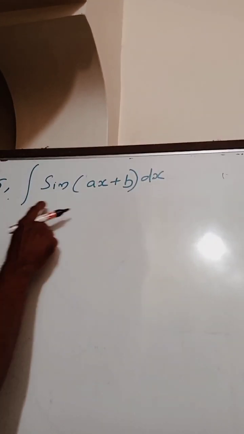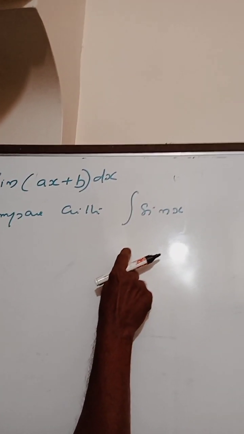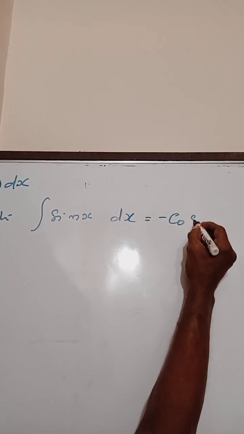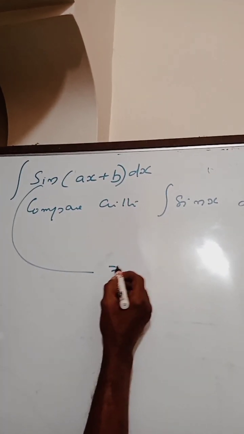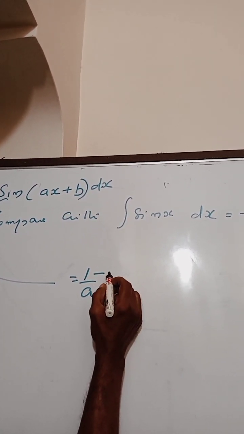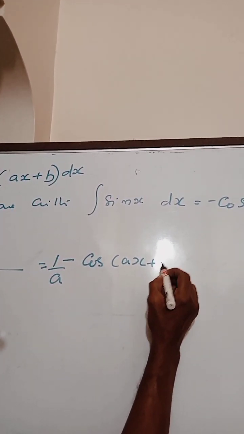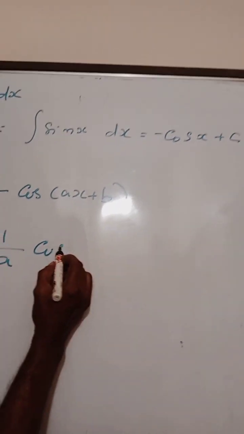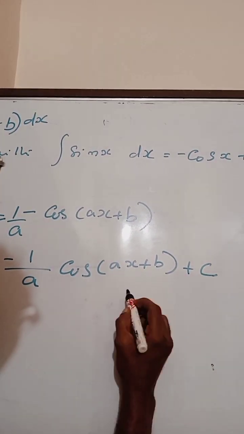Fifth one is integration of sine of ax plus b into dx. Compare with integration of sin x dx is equal to minus cos x plus c. Therefore, this is equal to minus 1 by a into cos of ax plus b plus c.